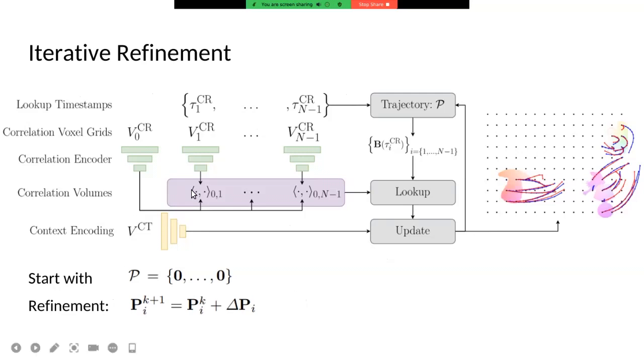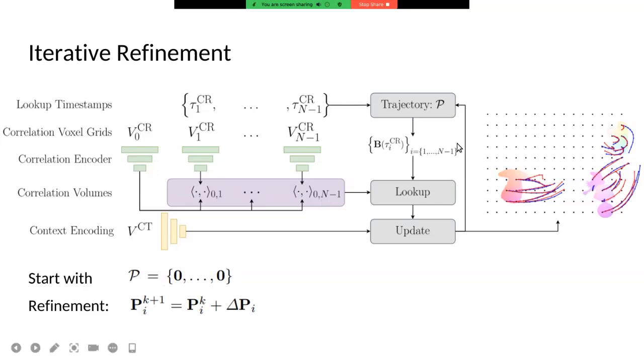The idea is that we have, again, these iterative refinement steps that I propose. And we start basically with a Bezier trajectory representation. So we have these basic control points that we predict. We also have several features that we extracted from the events in time. And we also have some context encoding that we can use to improve the performance.